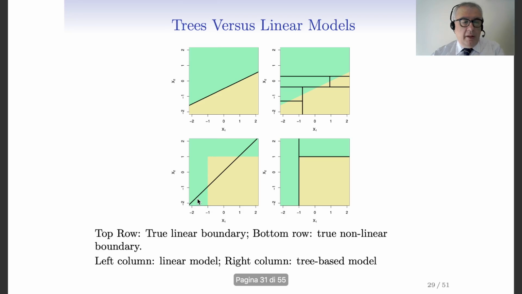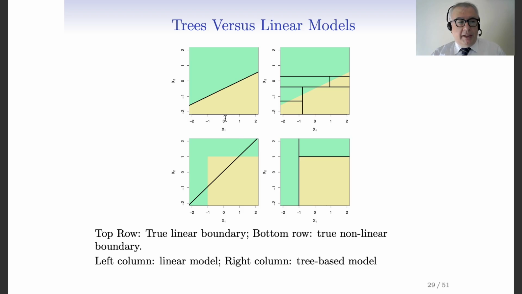A comment about trees versus linear classification boundaries. So I'm thinking about discriminant analysis, for instance. And what are the pros and cons of trees? Well, it depends if the original problem had a natural decision boundary that was linear or not.